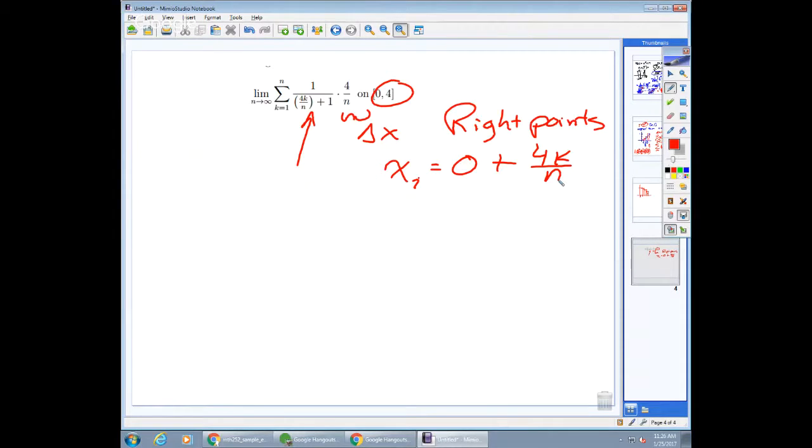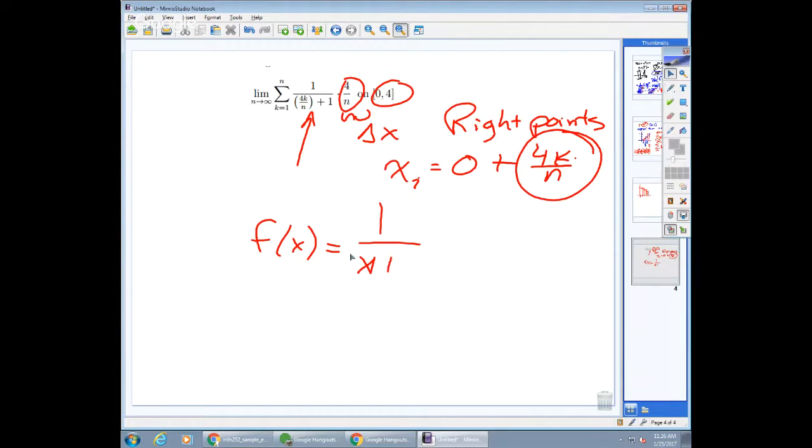So k is my multiple of 4 over n. So those are my xi's. So each xi looks like that. So that means this right here is really the function in terms of x, 1 over x plus 1.